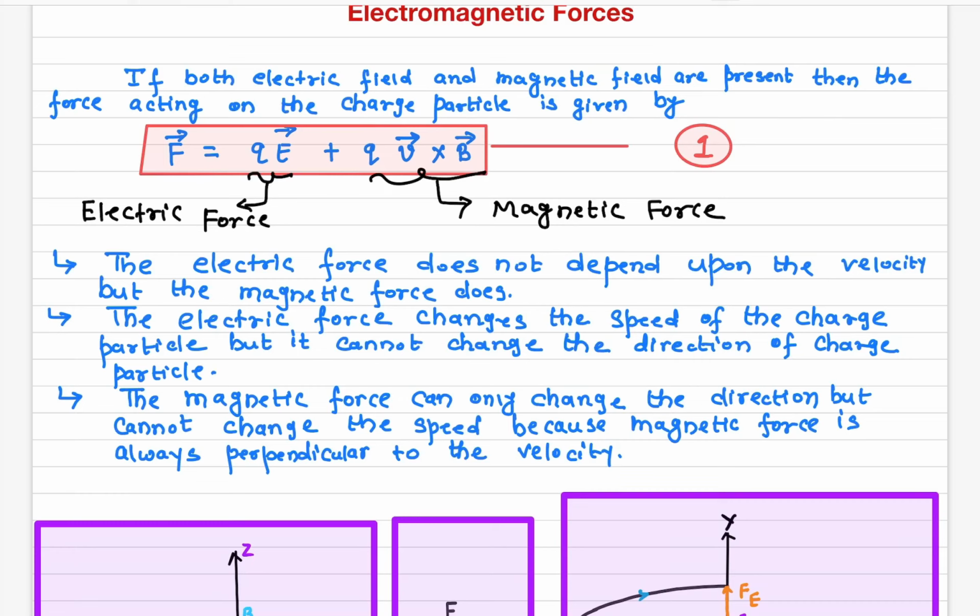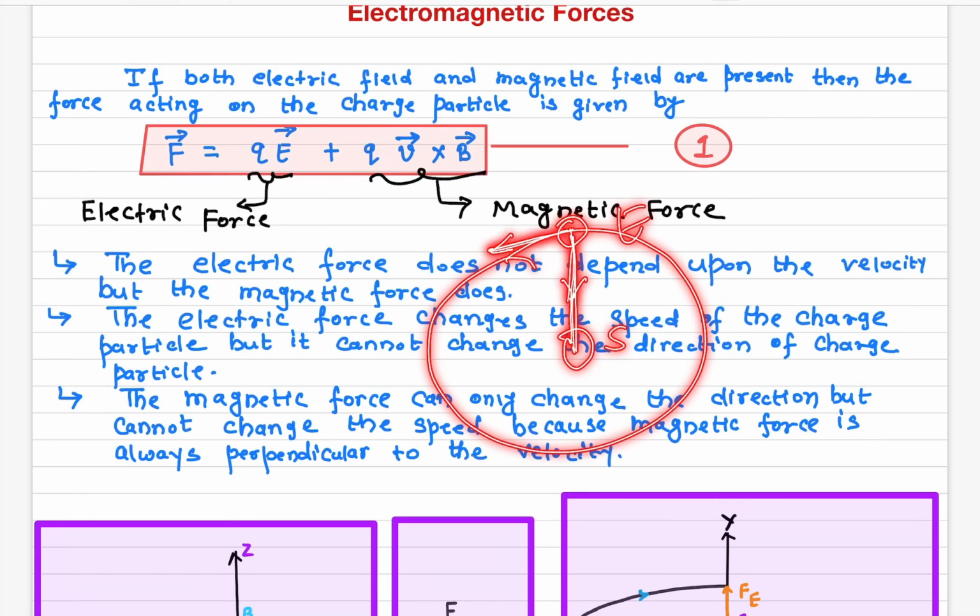Just like the earth is orbiting around the sun. Let's say here is the earth and this is the sun. In this case, the force is acting perpendicular to the velocity direction.